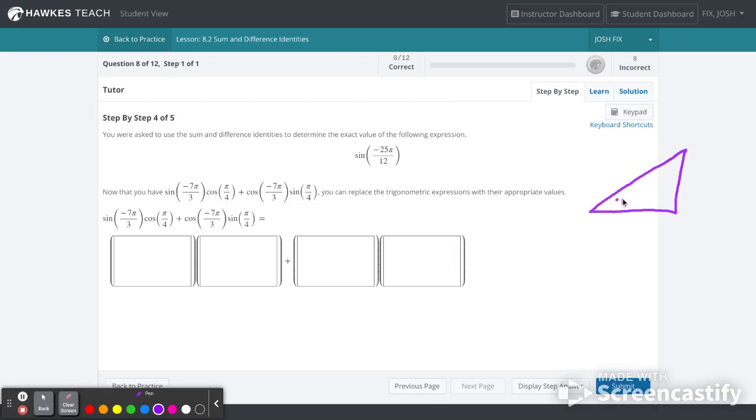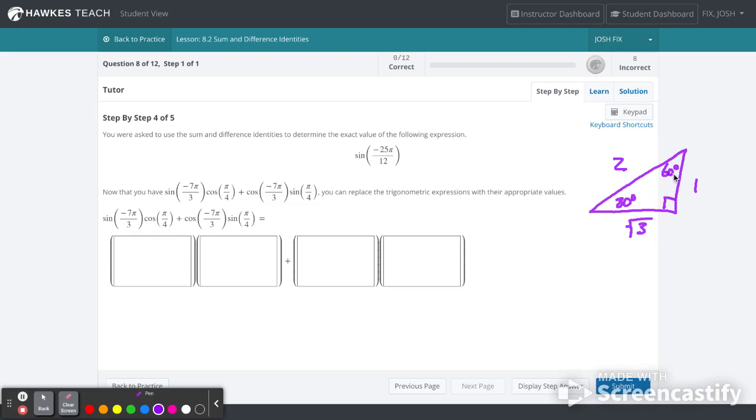Okay, so we'll call this a 30-degree angle. We'll call this a 60-degree angle, and we'll call that 90. So on a 30, 60, 90 triangle like this, this value on that side would be the square root of 3. This would be 1, and this would be 2. So in this particular case, we're finding the measure of pi over 3. So we want to know what the sine of pi over 3, a 60-degree angle, is going to be.